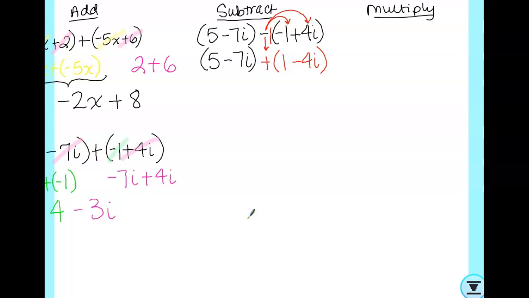And then we do the exact same thing that we did in the last one. So we want to combine the real terms. So we have 5 plus 1, and then we want to combine our imaginary terms.